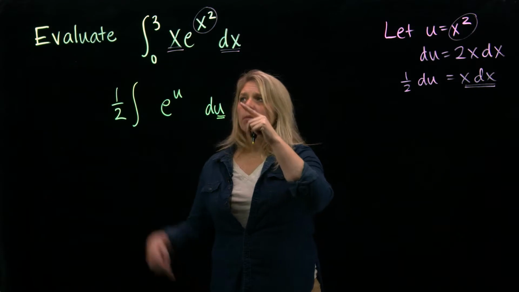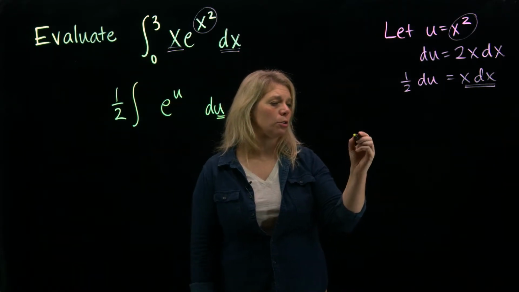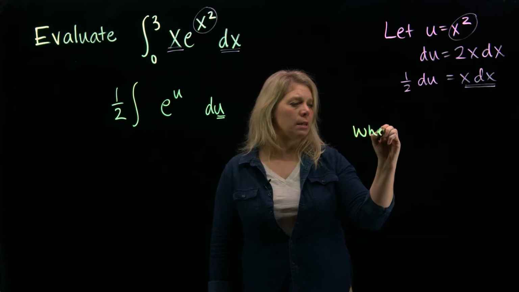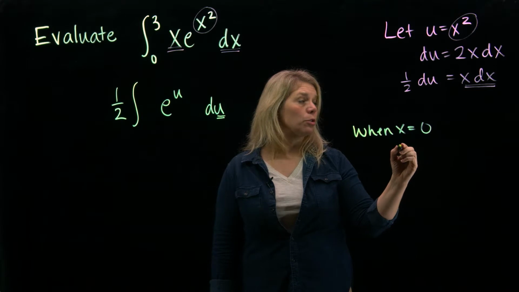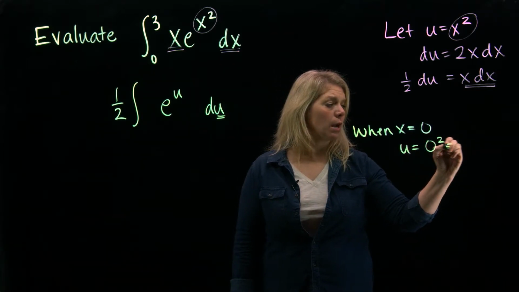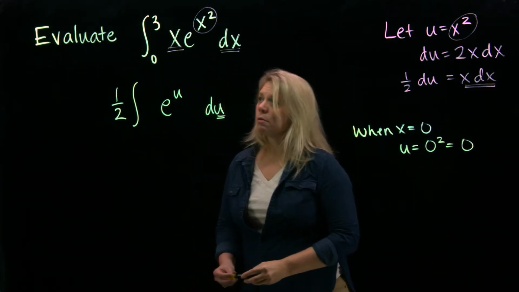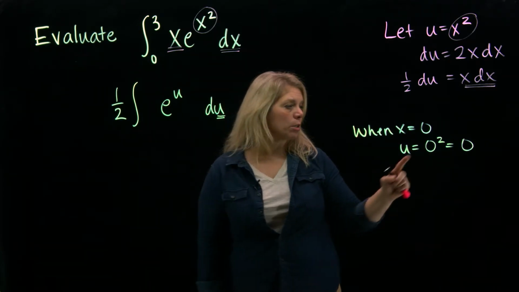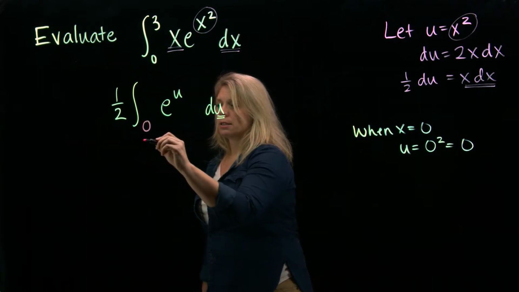All right, so I'm going to use my x values, and I'm going to use my original U-substitution here. So when x equals 0, using my U-substitution, my u is x squared, so 0 squared is also 0. So my lower limit of integration, when x is 0, is going to correspond to a u value, which also happens to be 0. That's a u value.